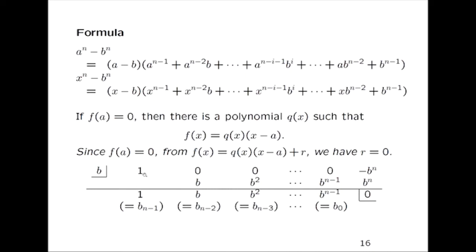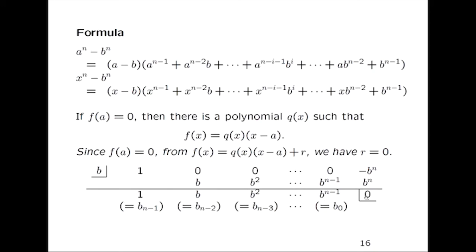Then by the synthetic division, 1 comes down and you multiply by b. You add it with 0, you get b. Again multiply by b, add with 0, you get b squared, and then up to b to the n minus first power, you get b^(n-1), and then multiply by b, you get b to the n, but if you add them together, you get 0.